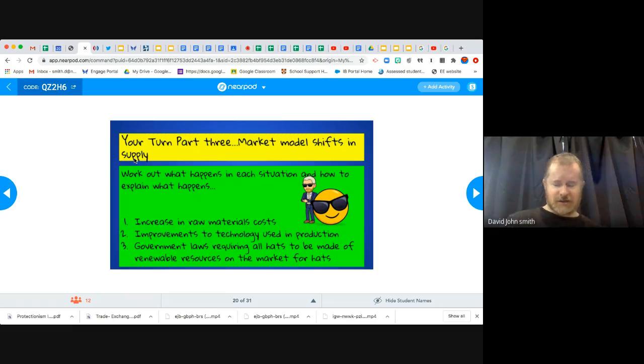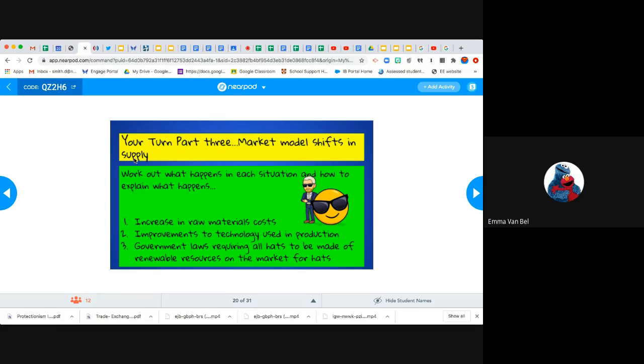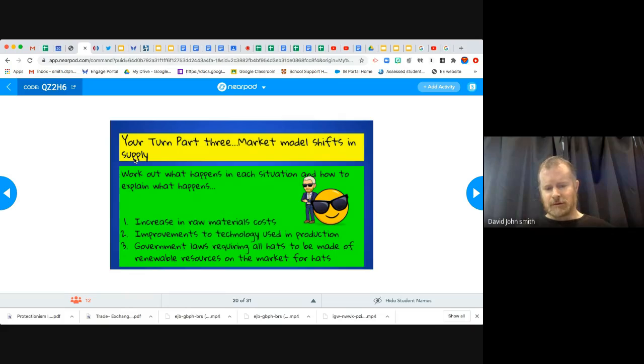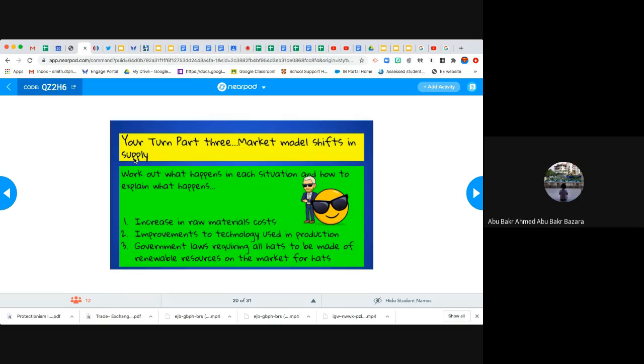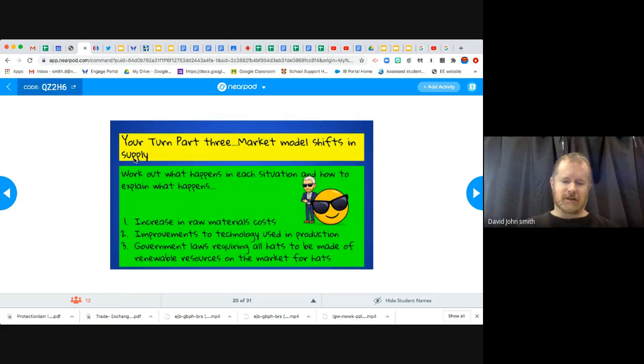And if the costs of supply have increased, then which direction is the supply curve shifting? To the right? Close. If it's more expensive to produce the product, then the businesses are going to produce less of it. So therefore, the supply curve will shift to the left, closer to the zero.